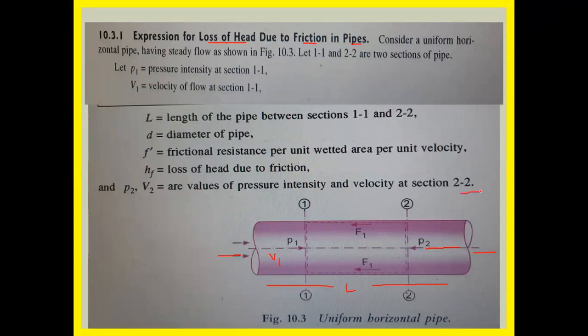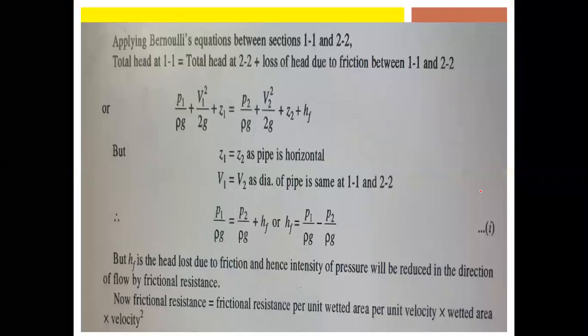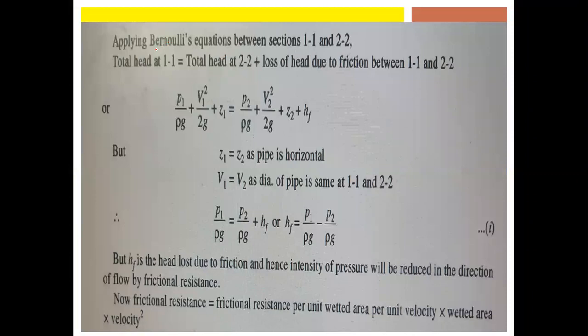So for section 1 and section 2 we have written the inputs, right? Applying the Bernoulli's equation between section 1 and section 2, what happens? The total head at section 1 is equal to total head at section 2 plus head loss. So what is the Bernoulli's equation?